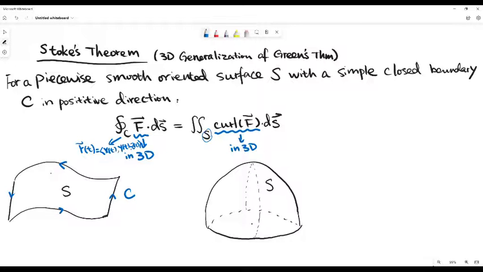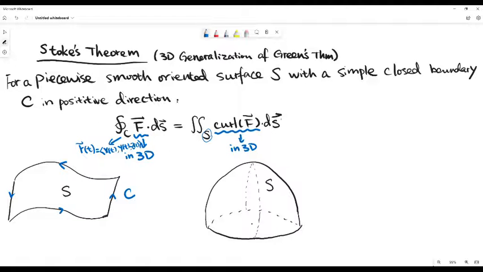And something to be a little bit careful about here is, again, the direction, the orientation matters, right? Otherwise, you might have an additional negative sign. So in the Green's theorem, if you remember, we always define our curve C to go counterclockwise so that those two expressions match. Now for Stokes' theorem, because our curve is in three dimensions, it's a little bit more complicated.